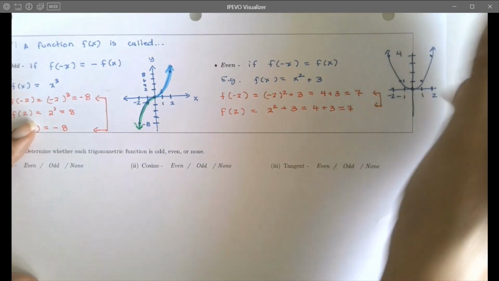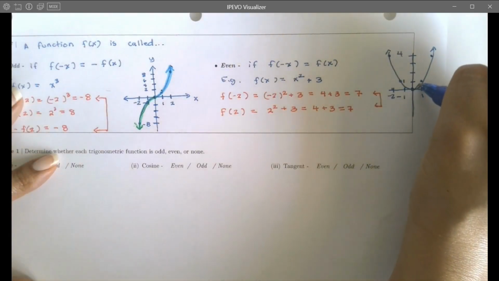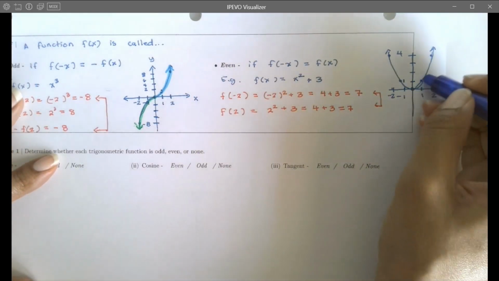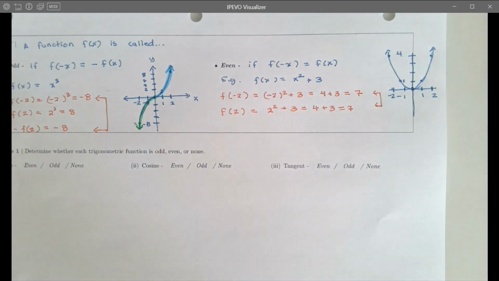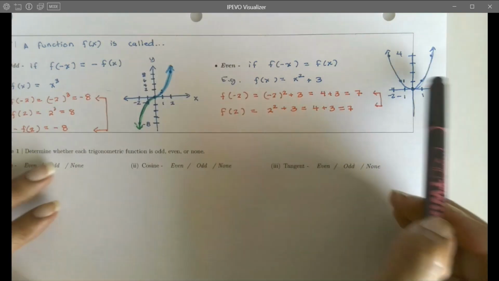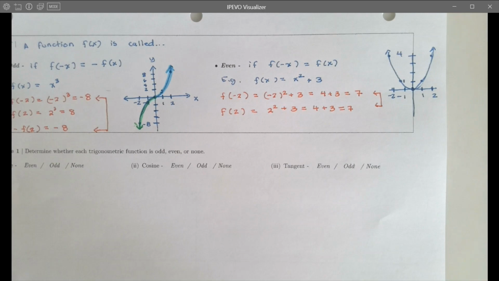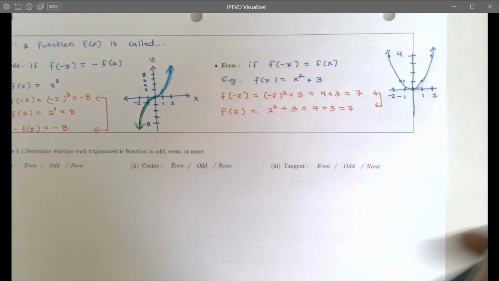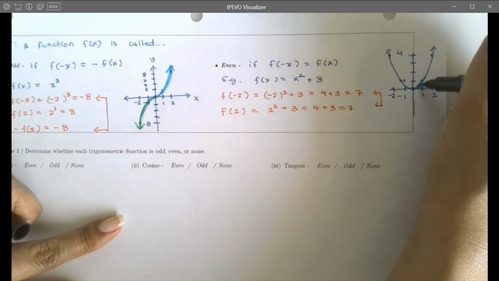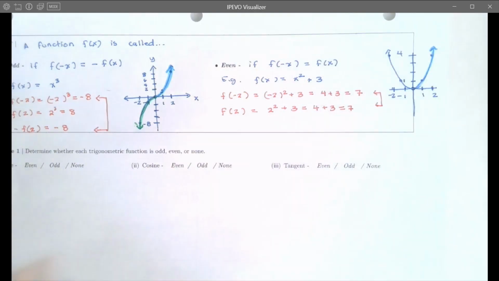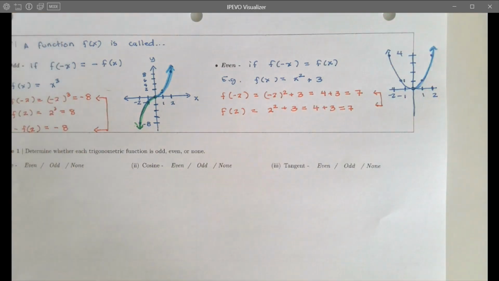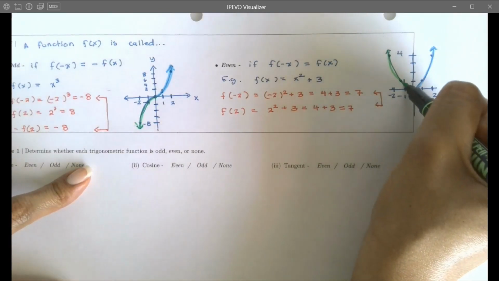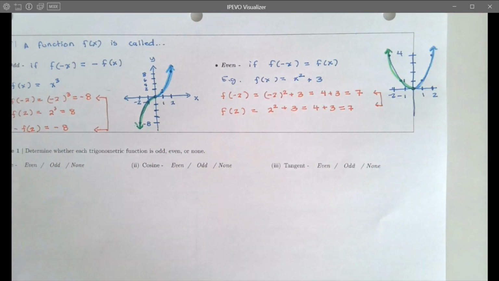But what's special about this type of graph is that the points reflect across the y-axis. So what I mean by that is that everything on the right-hand side of the y-axis has a mirror image on the left-hand side of the y-axis, right?